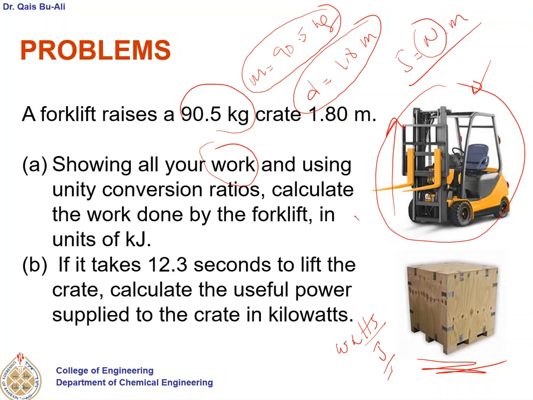So if I got the joules from part A, and I divide by the time, which is given in part B, joule per second will give me watts. And then I can calculate the useful power supplied to the crate in kilowatts.